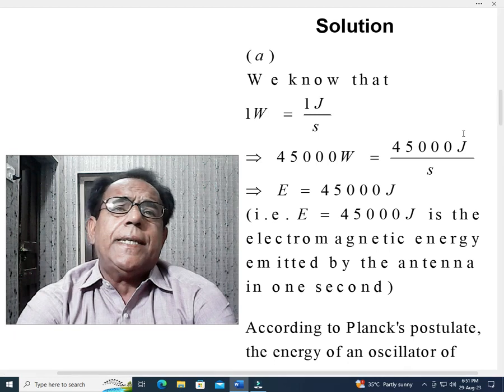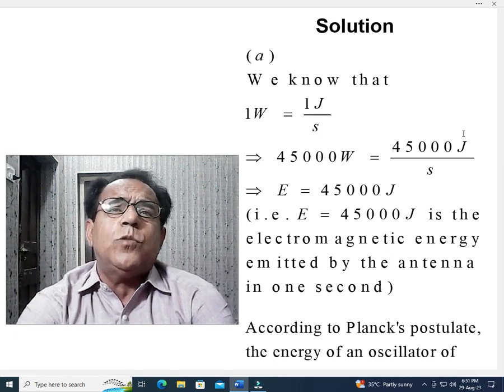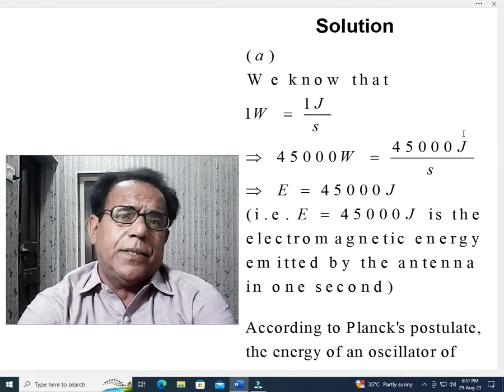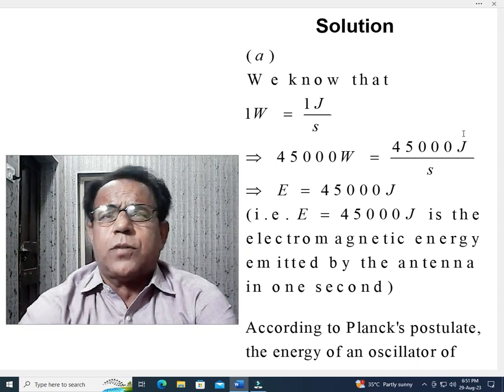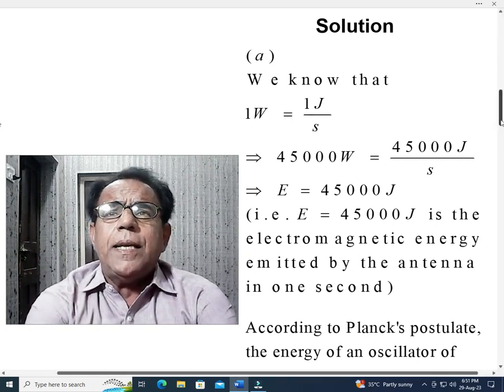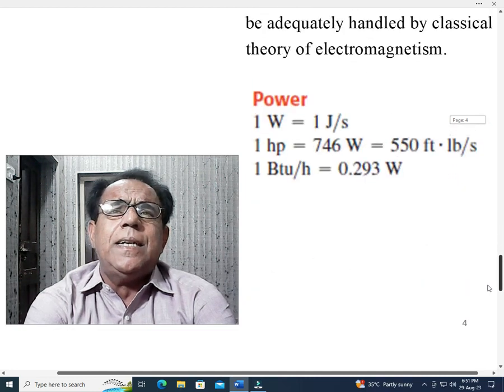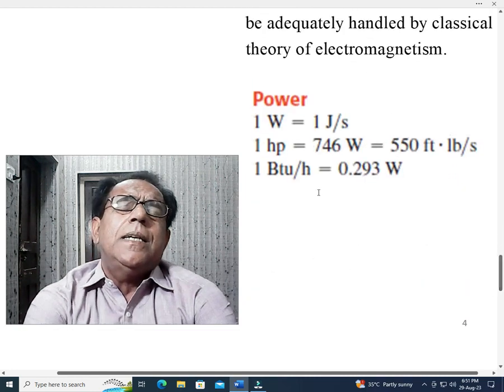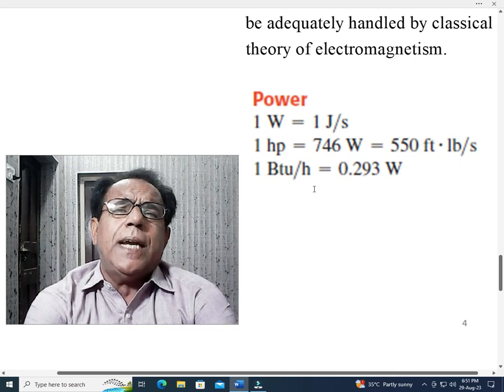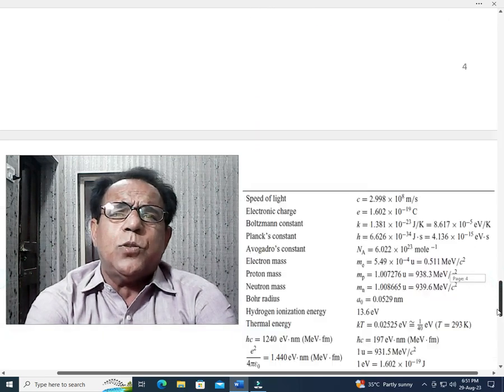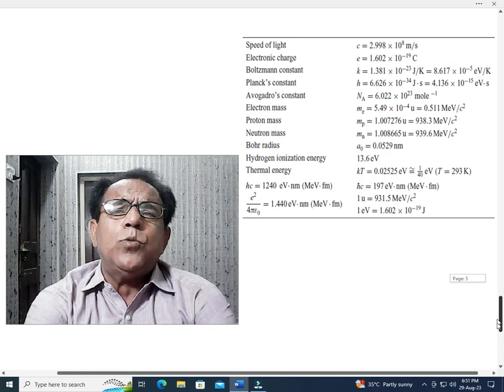We know that 1 watt is equal to 1 joule per second. Okay, this is by definition of watt. At the end of this, a small screenshot has also been shown, in which two tables are shown.